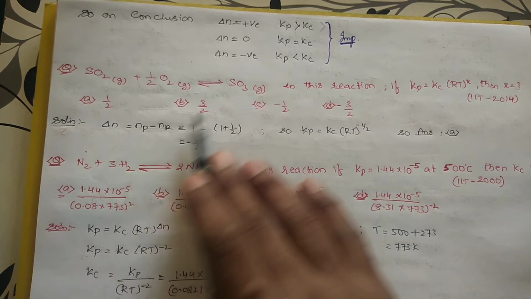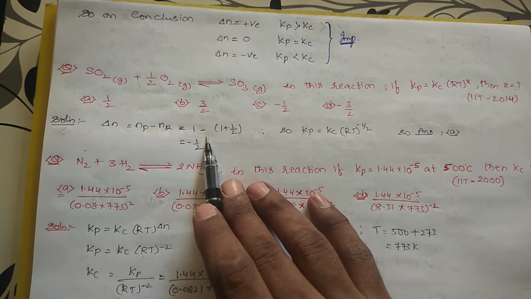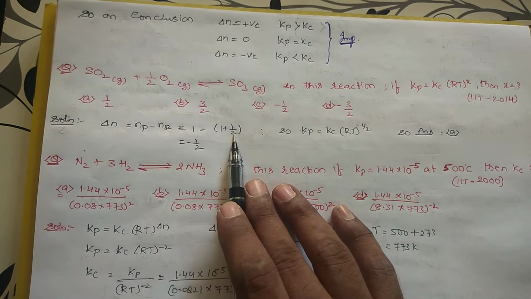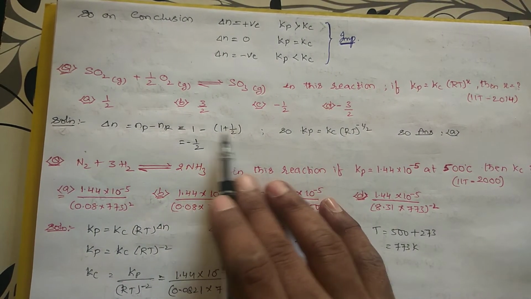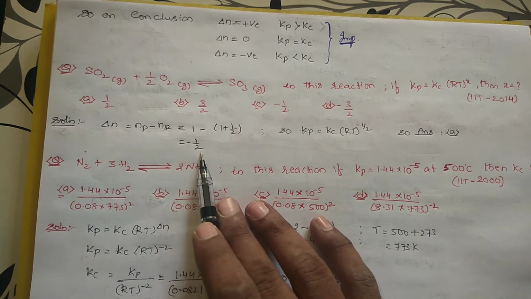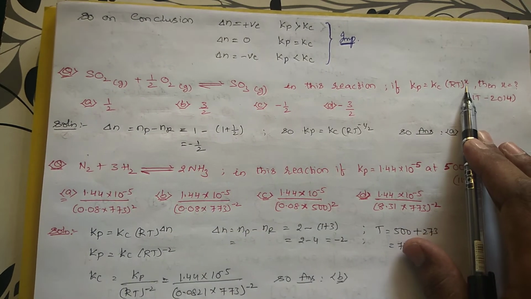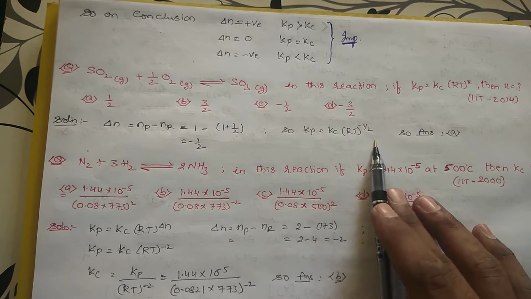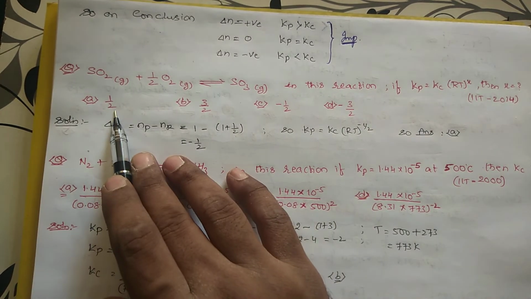Products: 1 mole. Reactants: 1 plus half. 1 minus 1 plus half, the 1s cancel, so it is equal to minus half. This x is the delta n value. So Kp is equal to Kc (RT) whole power minus half. So the answer will be C.